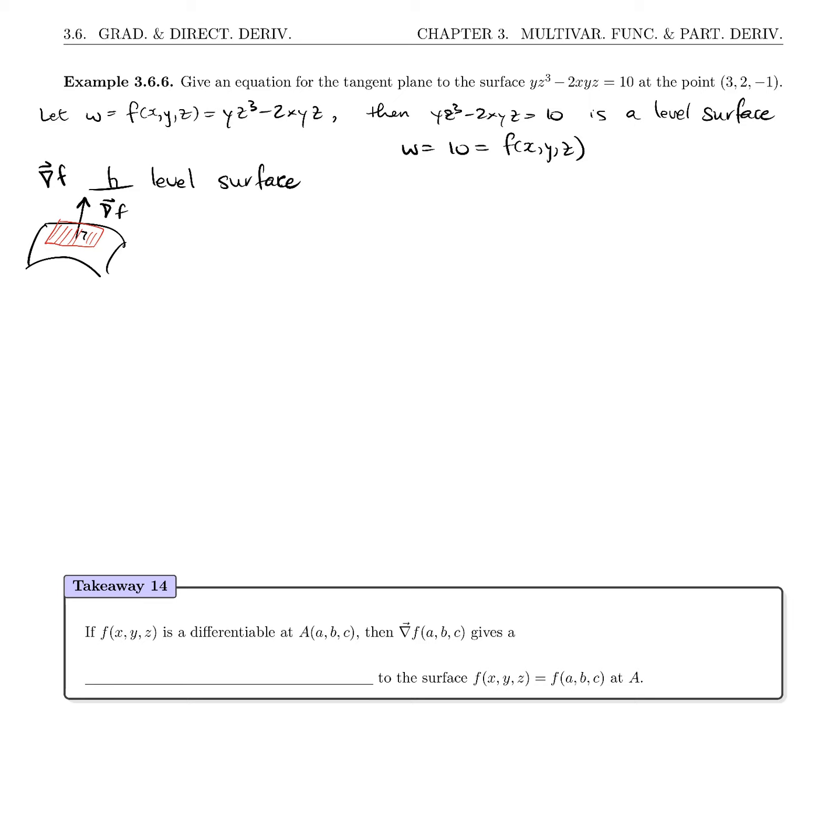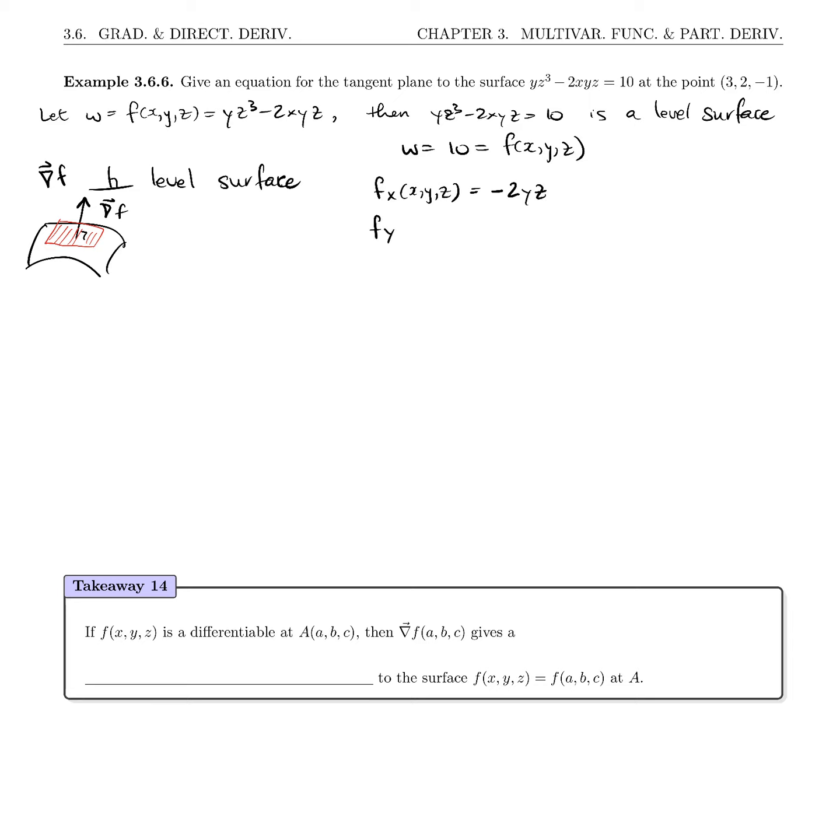We're going to need the partials of f, so let's calculate them. F sub x at x, y, z: I'm taking the derivative of the f function with respect to x, so the first term goes away and I'm left with minus 2yz.